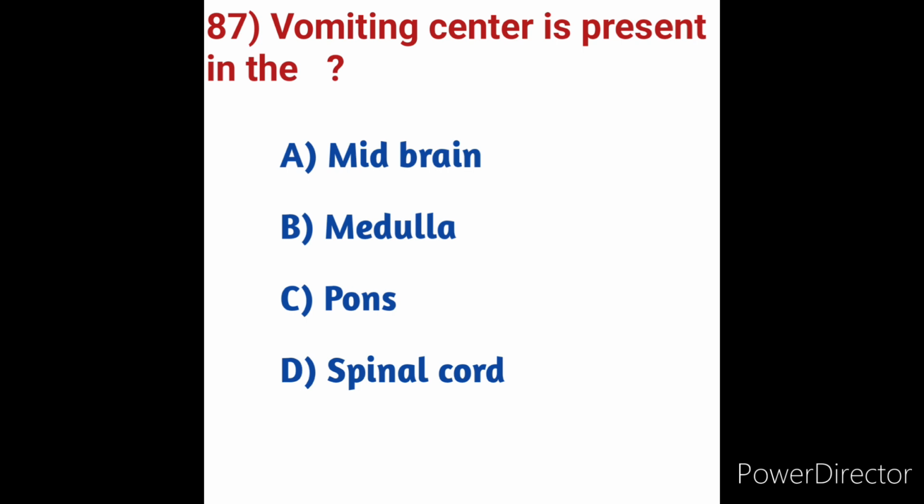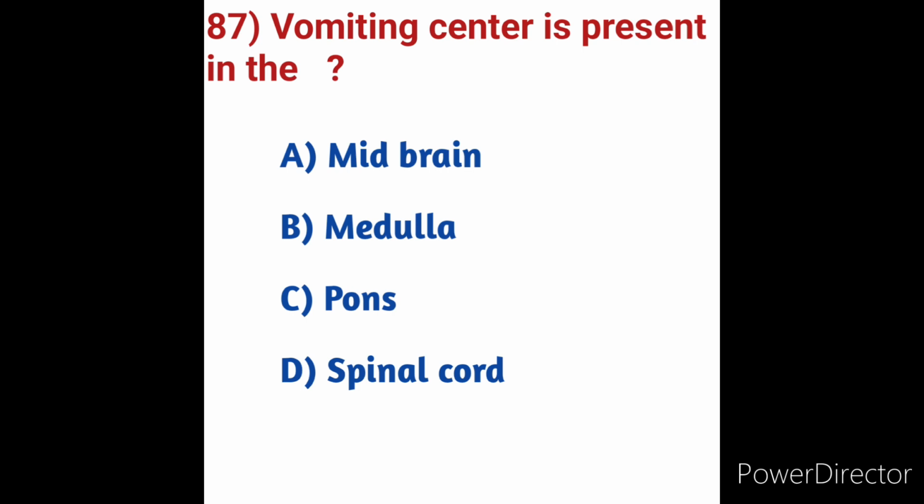The vomiting center is present at the fourth ventricle of the brain. The floor of the fourth ventricle contains an area called the chemoreceptor trigger zone, CTZ. It is also called the area postrema. When the CTZ is stimulated, vomiting may occur.